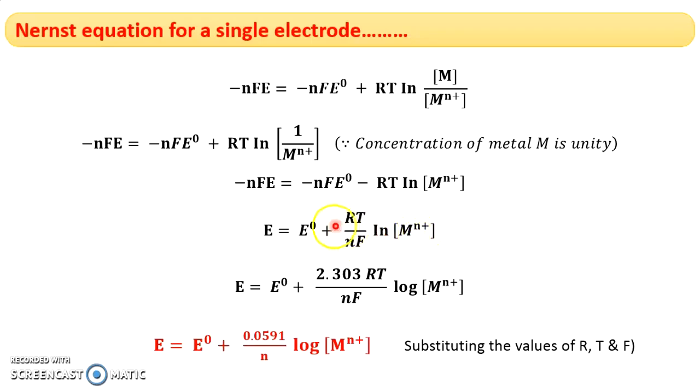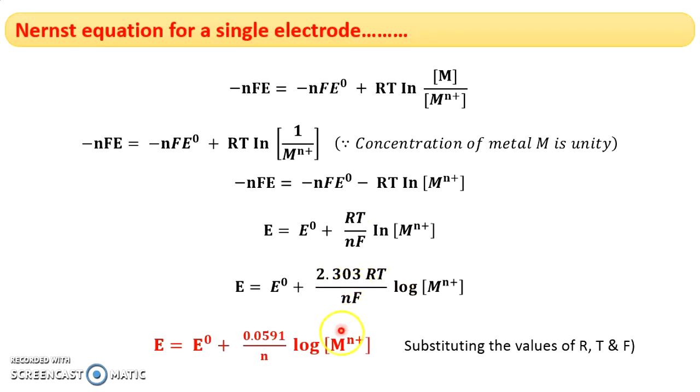Still simplifying, we get E is equal to E naught plus 2.303 RT by nF log M^n+. This is the common logarithm. Now we have changed the natural logarithm to the common logarithm, so we get 2.303 here.